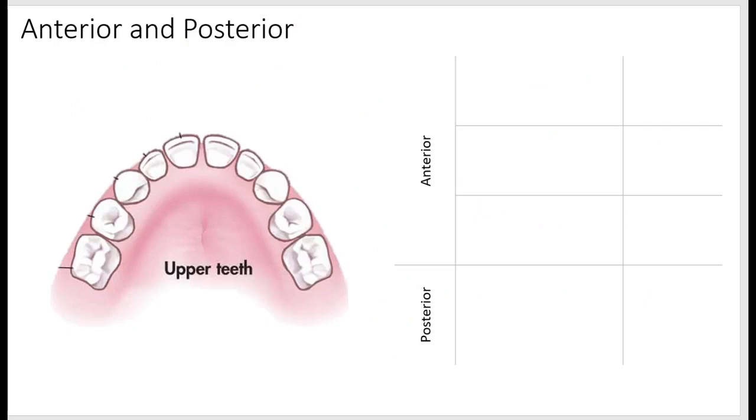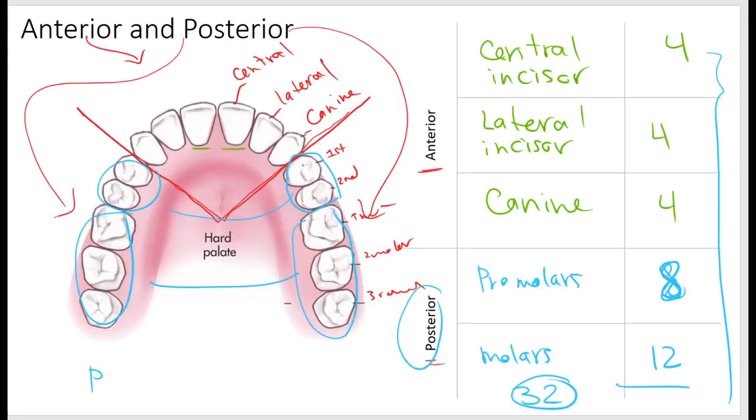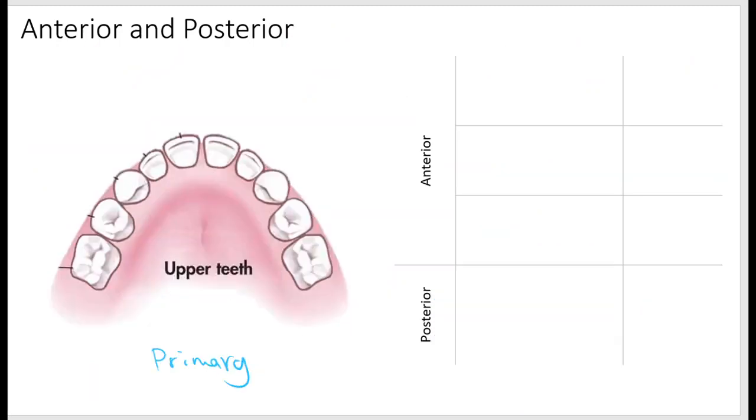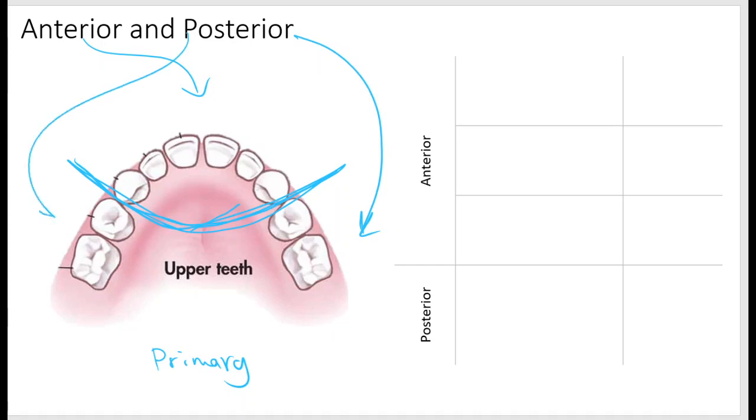For the baby teeth or primary teeth, and by the way, this is the permanent. So for the baby teeth, again, same thing. We're going to split that into anterior and posterior teeth. So this is the anterior, these are the posterior, and you can see that the anterior are the same.